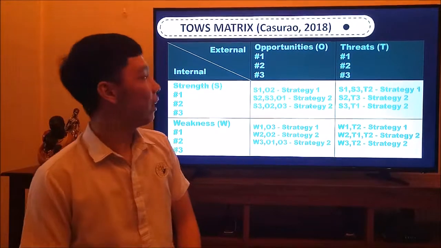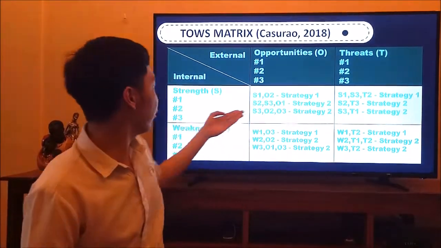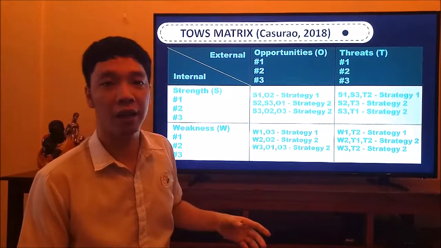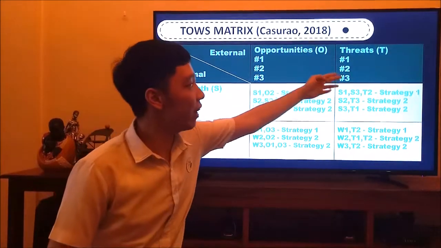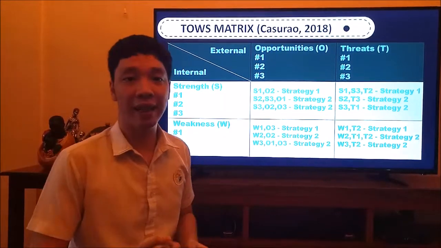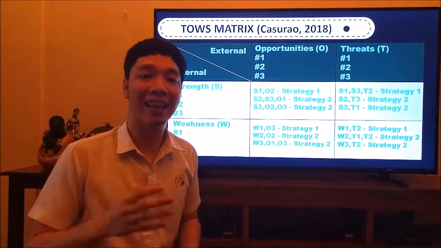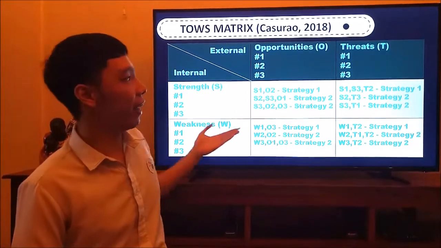For example, we have strength number 1 and strength number 3. They have similarities or are somehow related to threat number 2. So when we combine those three, we have to formulate a strategy that will focus on the strengths and eliminate the threats.